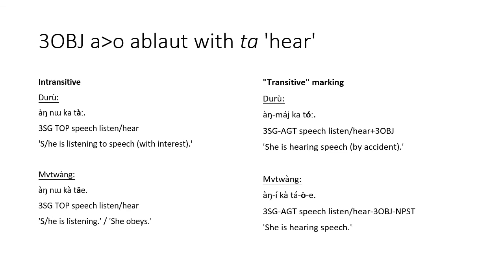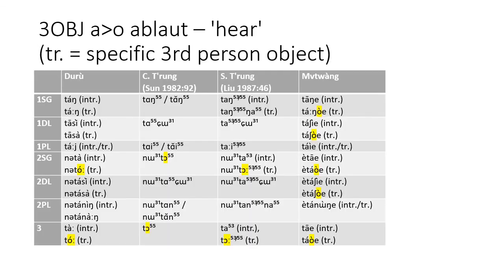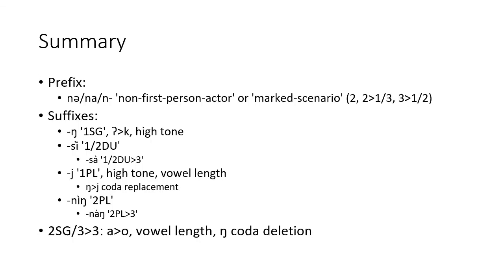So transitive marking happens usually when there is agentive marking on the noun phrase, and when it shows specific object. So here we see the a to o process, and then in Mutwang there is actually an o suffix.